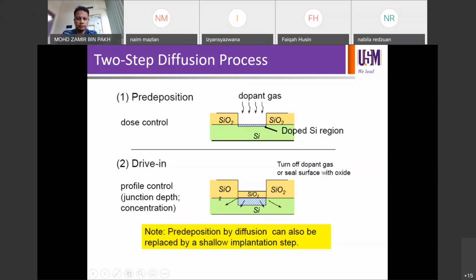Or anyone? Okay, what's the difference between pre-dep and drive-in? Pre-dep uses an infinite source. Okay, good. How about drive-in?